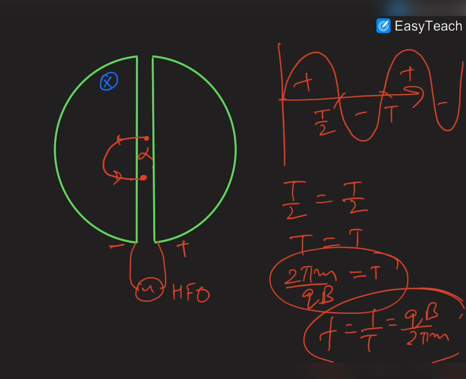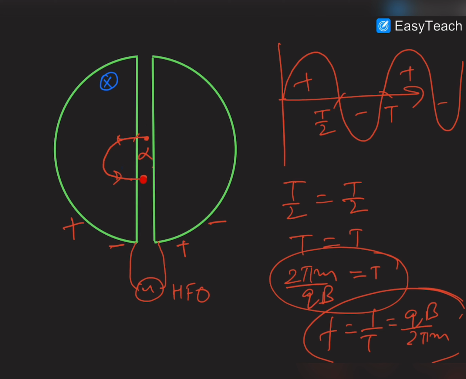So as soon as this alpha particle reappears between the gap of the Ds, this HFO will change the polarity, and now this D would be minus, and this D would be plus.